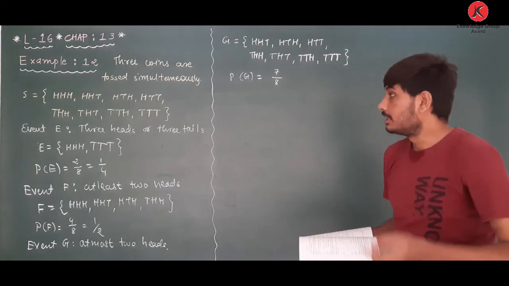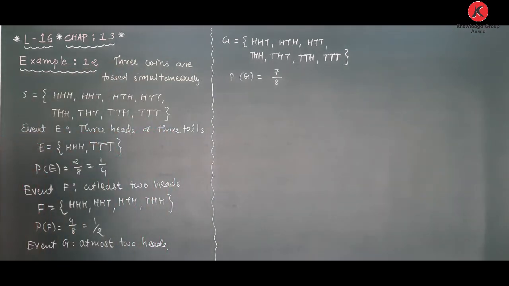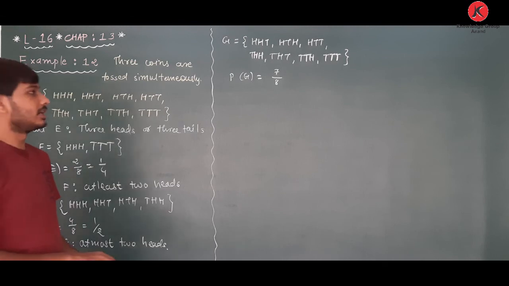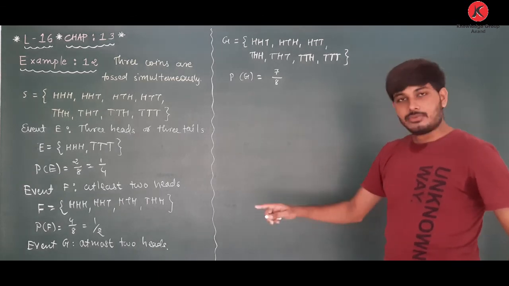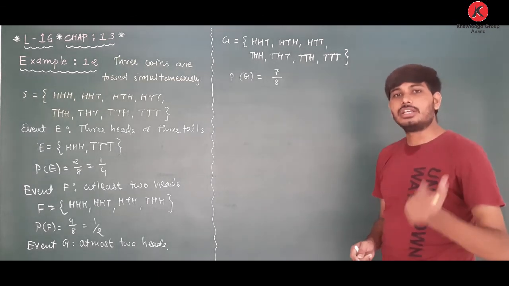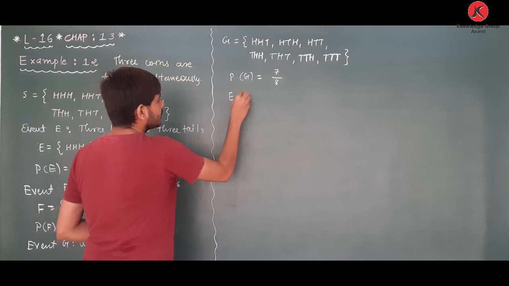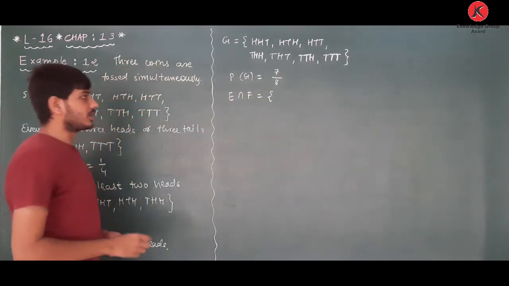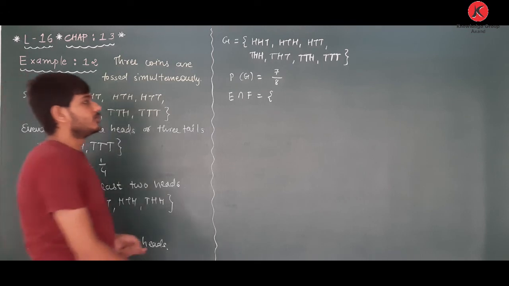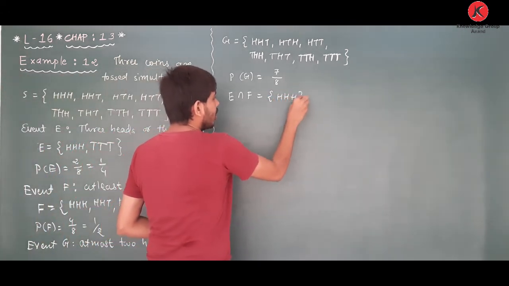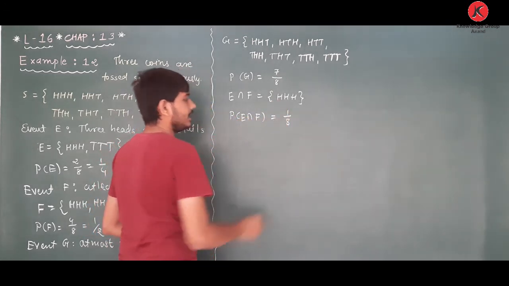For that we require the probability of E intersection F, F intersection G, and E intersection G. First, E intersection F: the outcome common between E and F is H H H. Therefore the probability of E intersection F is 1 by 8.